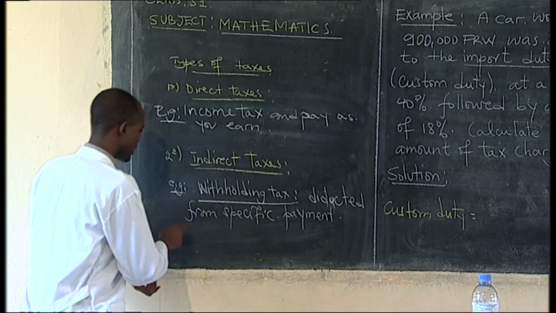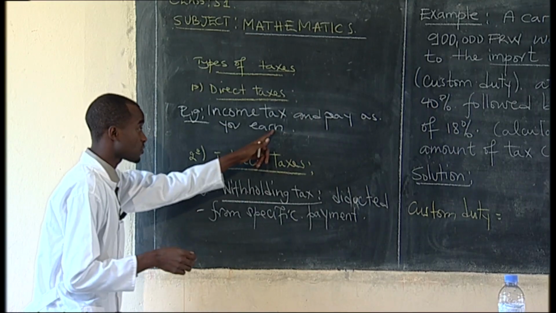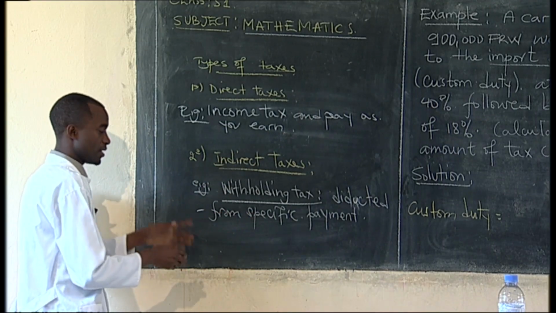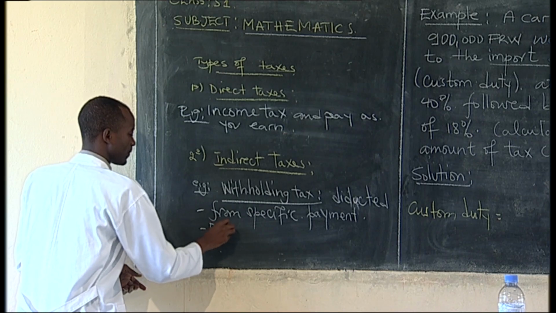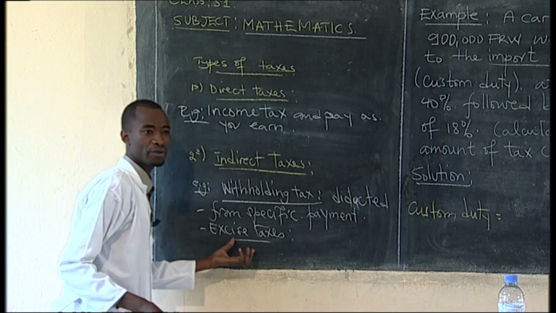We have another one under what we call indirect. It's not like pay as you earn. There is another one called excise tax. What about this one?